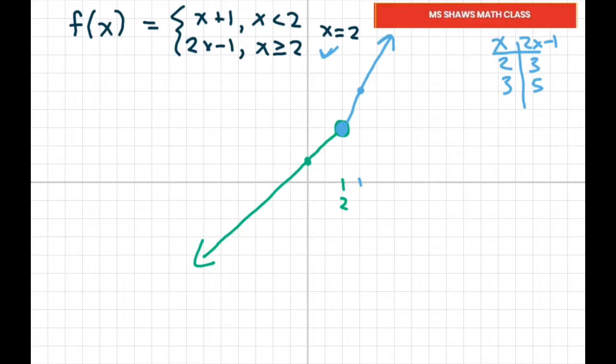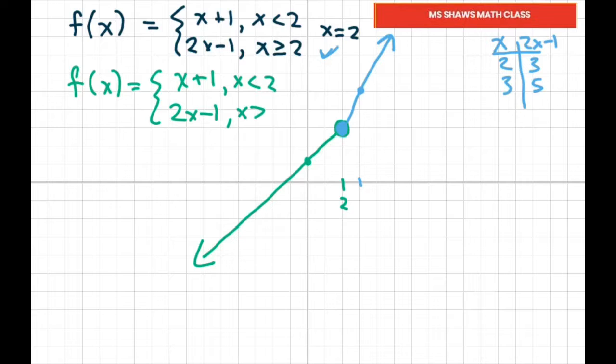Now, the other one is the same thing, but there's no equals. And what happens here is right at 2, there's no value.